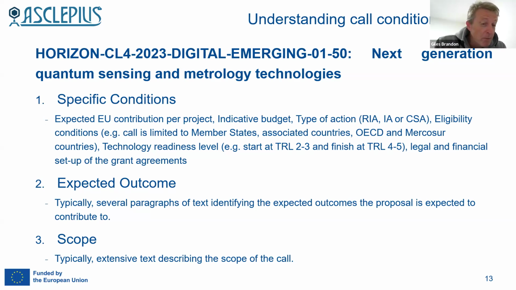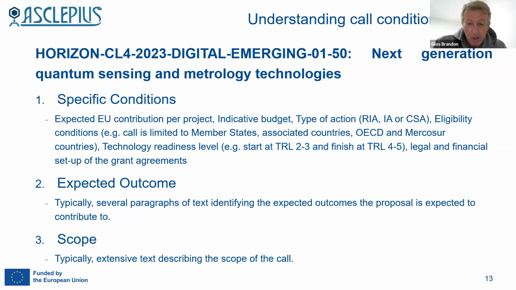In other words, the amount of grants the Commission is expecting to allocate to each project. It would show what the indicative budget is. In other words, the total budget for that call. Obviously, if you know what the contribution per project is and the indicative budget, one divided by the other, you get an idea of how many projects they're expecting to fund.